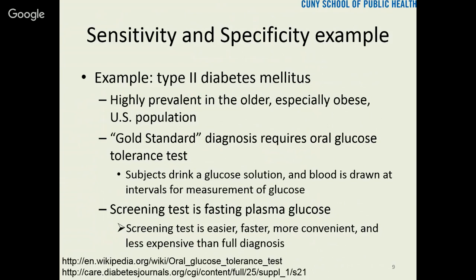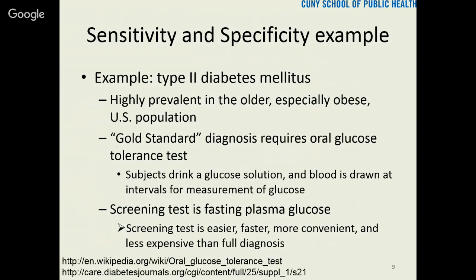Difficult, invasive test that involves multiple blood draws, not something that could be used for screening. The screening test is fasting plasma glucose, so you don't know how much sugar or what the person's normal level of glucose is. You don't know how it's being affected by them just sort of in their background.